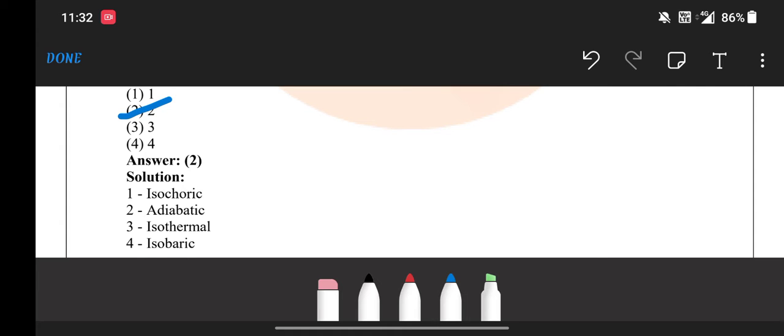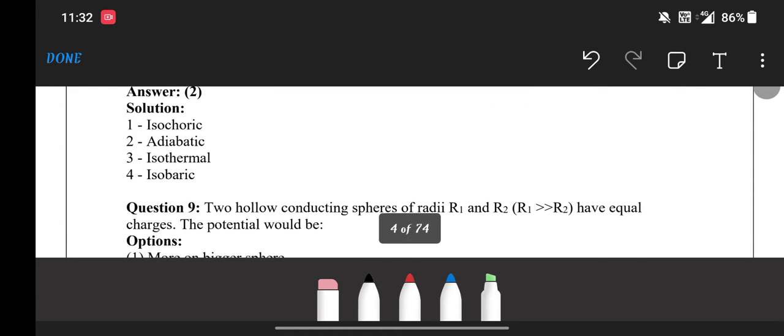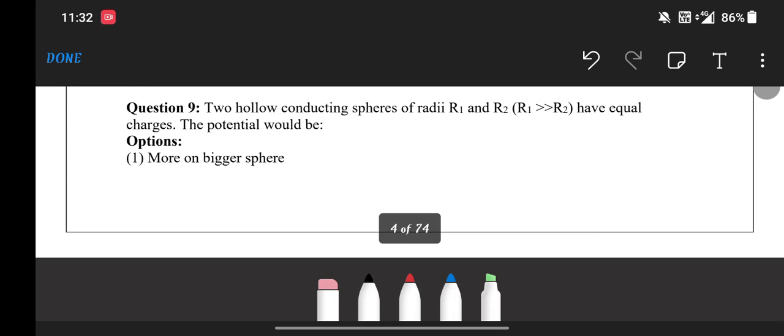So moving on to our next question, that is question number 9. Here they have asked: two hollow conducting spheres of radii R1 and R2, where R1 is greater than R2, have equal charges.